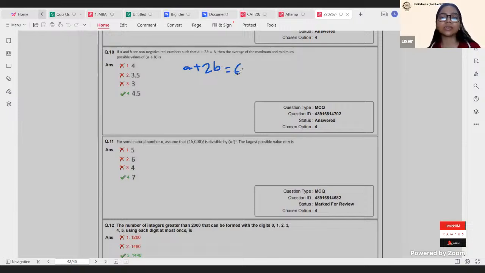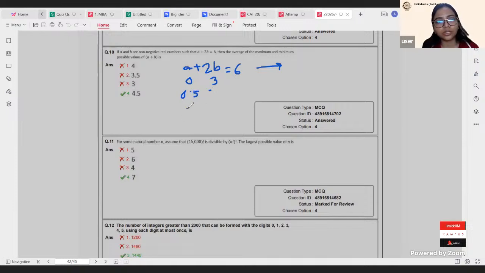So here there are basically 2 ways to do it. First way can be when we actually put in integers, like for example we put a equals to 0 and then b equals to 3. We put a equals to maybe 0.5, and then 2b will come around to be 5.5, and b will come around to be 5.5 by 2 basically.